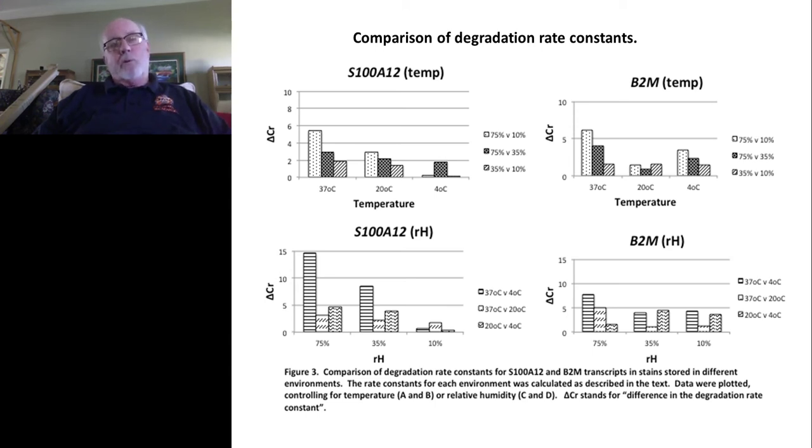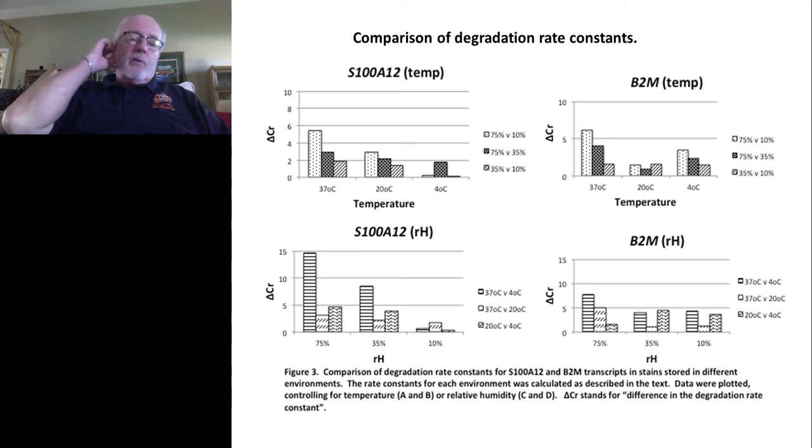Likewise, if you have a single humidity and compare the effect of temperature, again, it's about a 2 to 3-fold increase in the rate of degradation of these transcripts at a higher temperature.